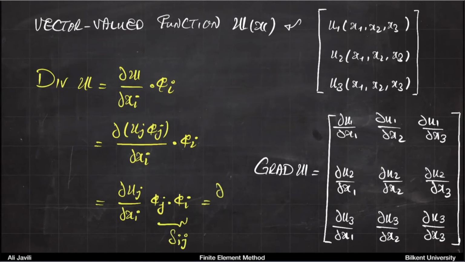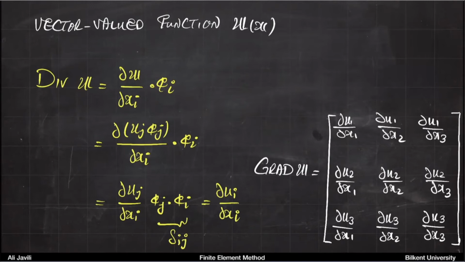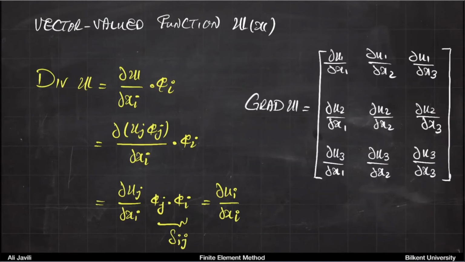So this whole thing can be written as the derivative of u_i with respect to x_i. And then again, i is repeated twice, so that means there is a summation. Okay, so if I keep the gradient on this corner, we can also write.